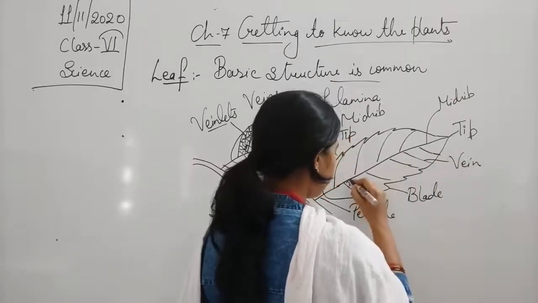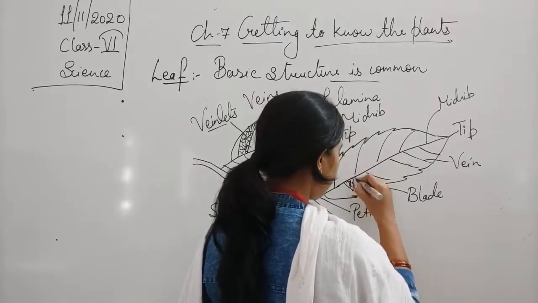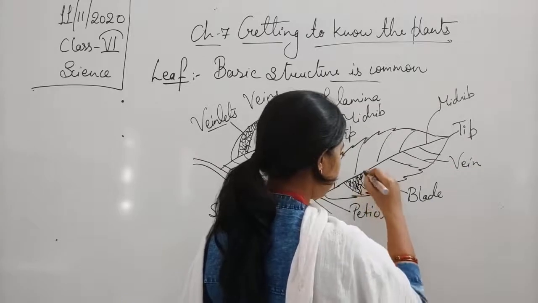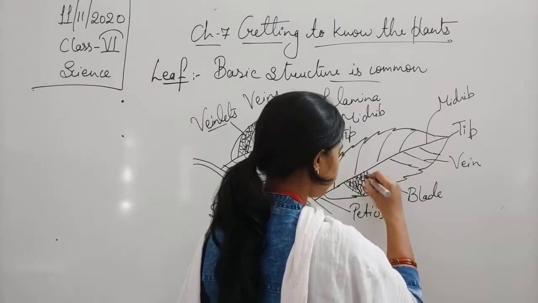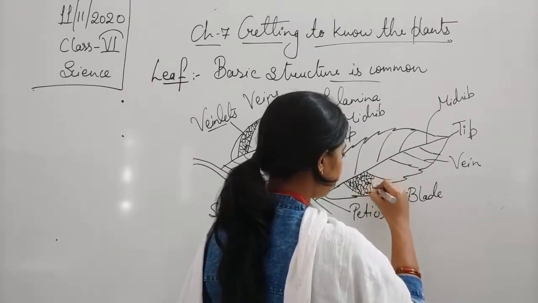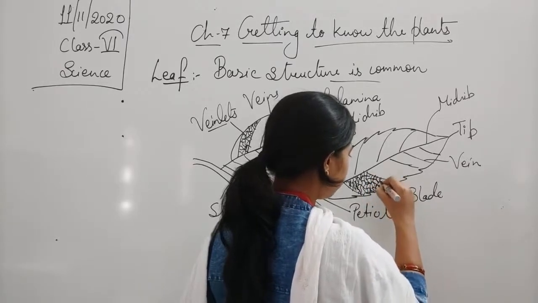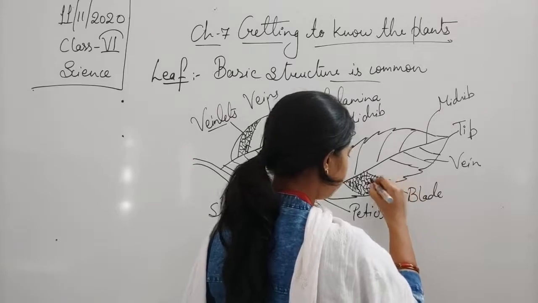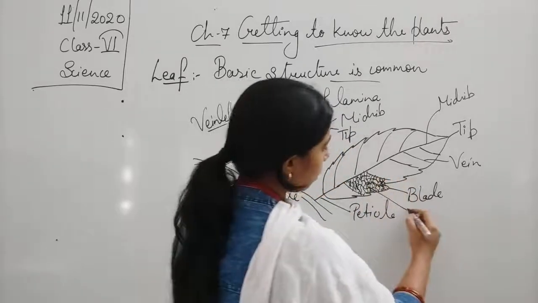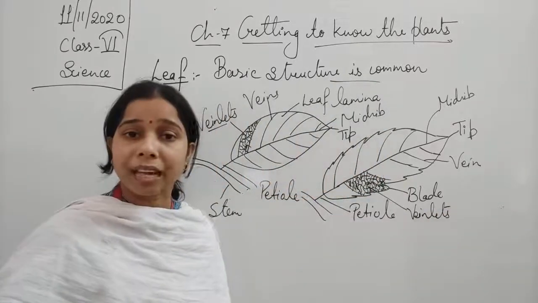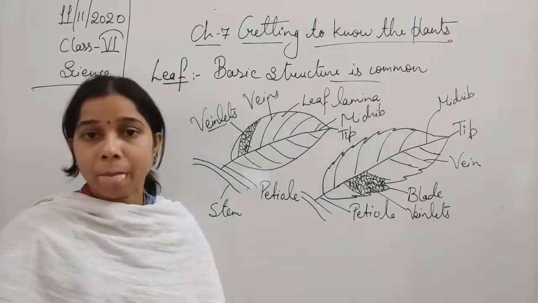And in between, students, you will see a lot of intersection. These are known as the veinlets, which are present between two veins.